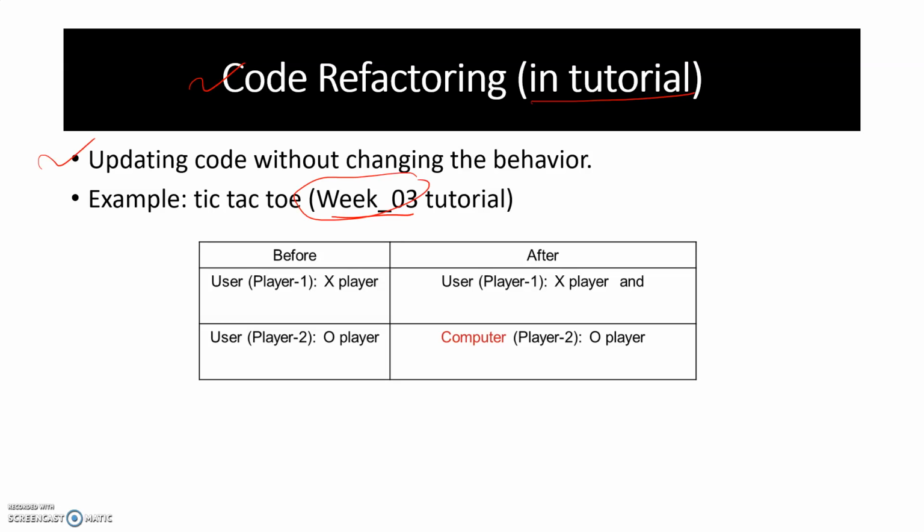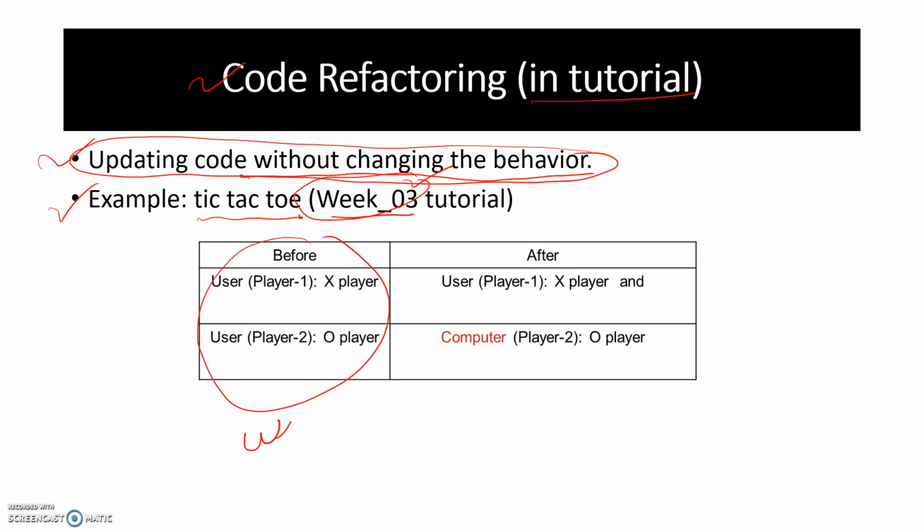You have to update your code without changing the behavior. To achieve this goal, you will take the example of the tic-tac-toe game you implemented in week number 3. This one is in week number 3, and this one is in week number 7, which we are going to implement.